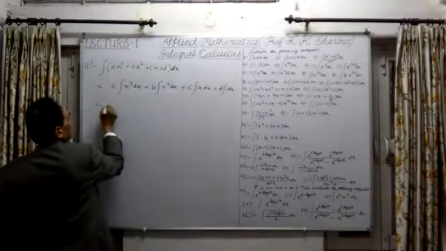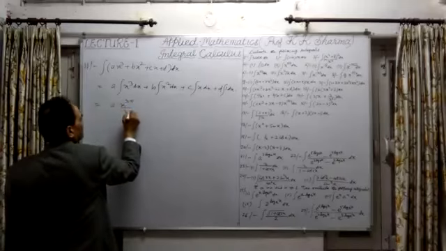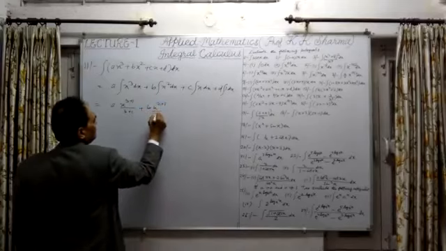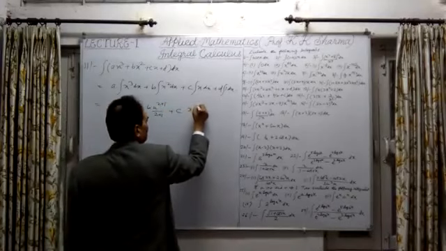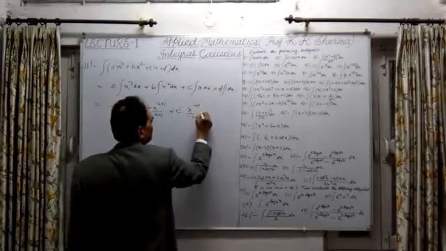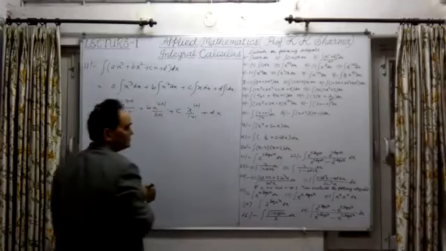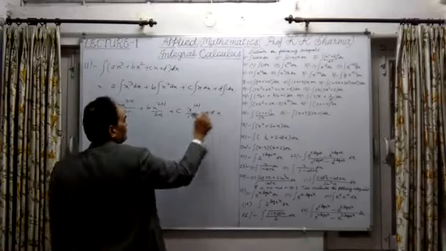Okay, so this is a into x raised to power 3 plus 1 on 3 plus 1, plus b into x raised to power 2 plus 1 on 2 plus 1, plus c into x raised to power 1 plus 1 on 1 plus 1, plus d into x. This is x and d. So 1 is x raised to power 0, that means the integration of 1 is x.